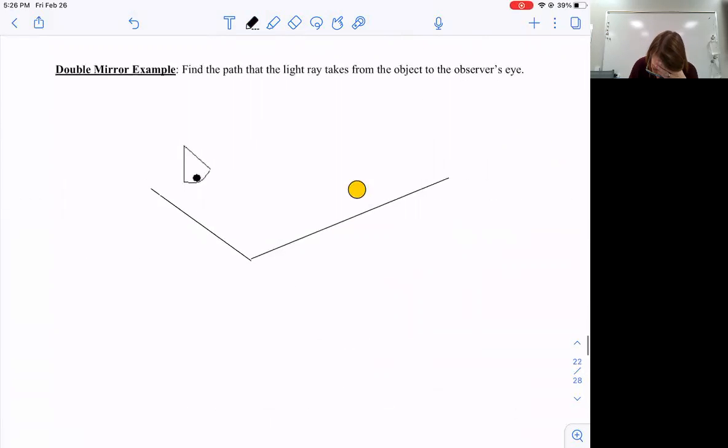With a double mirror, we follow the procedure twice. We make a segment that is a perpendicular bisector, and then we reflect that over the other mirror. Let me extend the other mirror, and I can do a little better here.